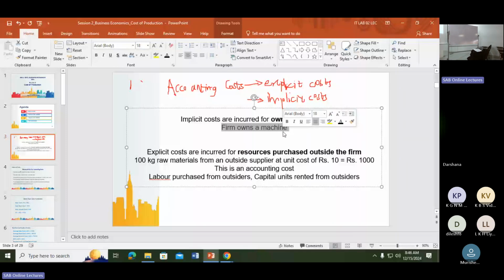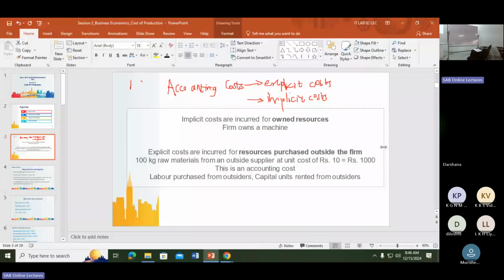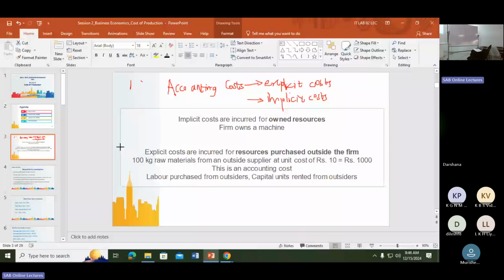Yes, of course, we assign depreciation for machine, but depreciation has its own weaknesses. So rather than relying on depreciation, economists suggest a meaningful way of accounting cost for own inputs, own resources.